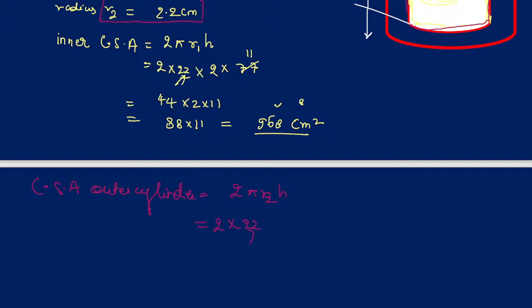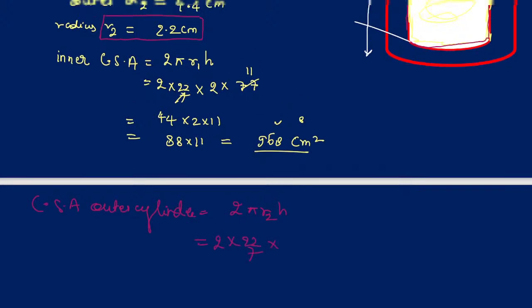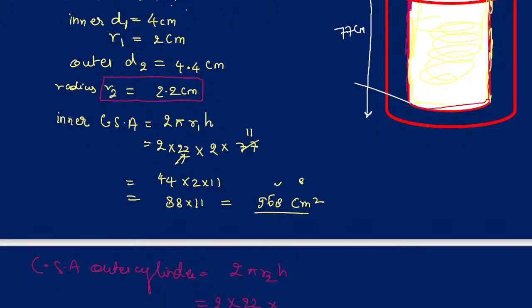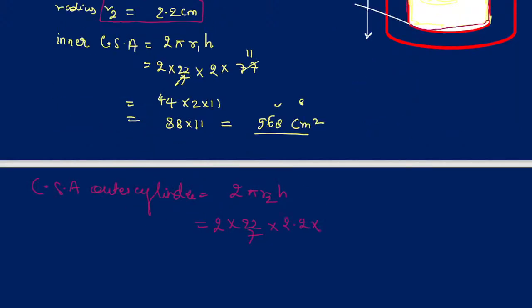What is R2? Beta, R2 is 2.2. And what about the height? Height is 77 centimeter, common to both cylinders.